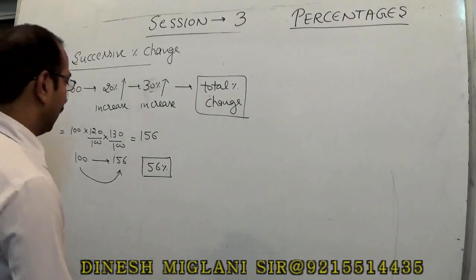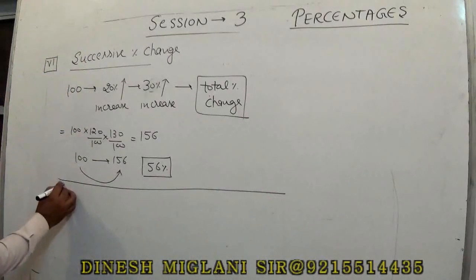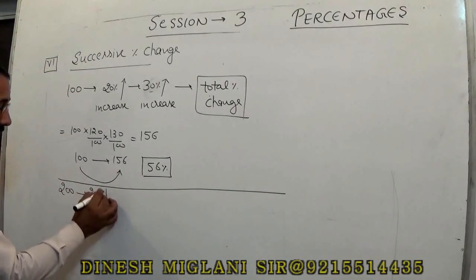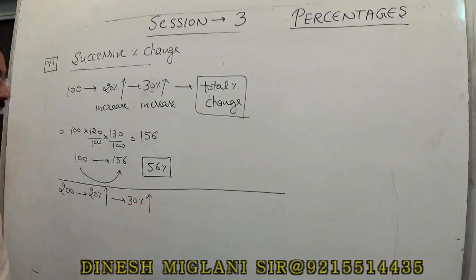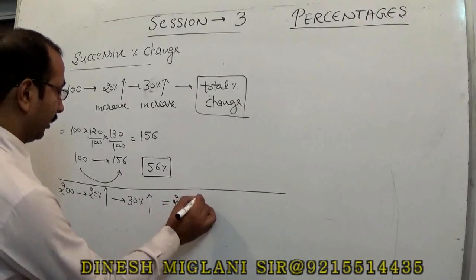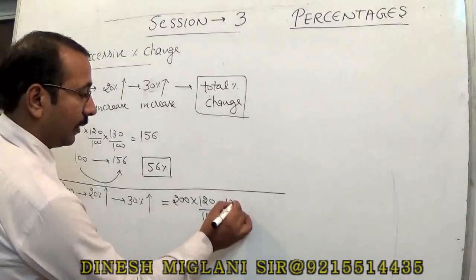And you will be surprised to know, if instead of 100 there is 200, and first it increases by 20%, then it increases by 30%, and you have to find what is the total percentage change. What you will do, you find the number in the similar way, 200 into 120 upon 100 into 130 upon 100.